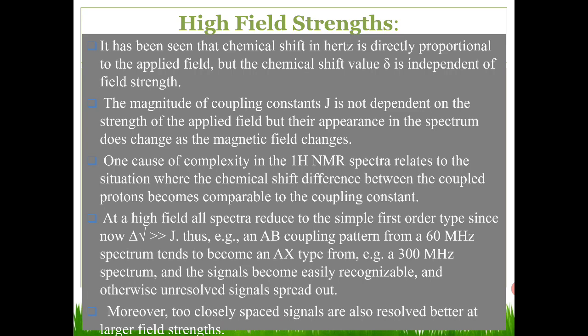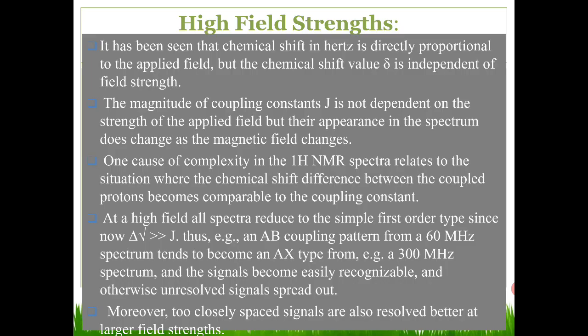Moreover, too closely spaced signals are also resolved better at larger field strength. So these are the techniques that we use to simplify the NMR spectrum. From this discussion, deuterium labeling and the chemical shift reagents are very important. So thank you.